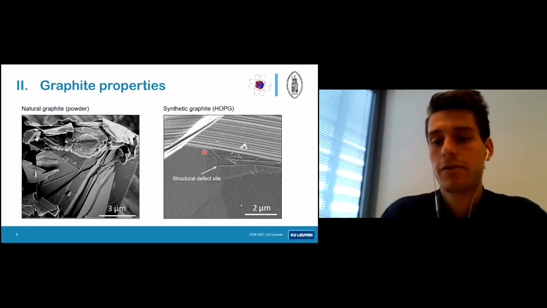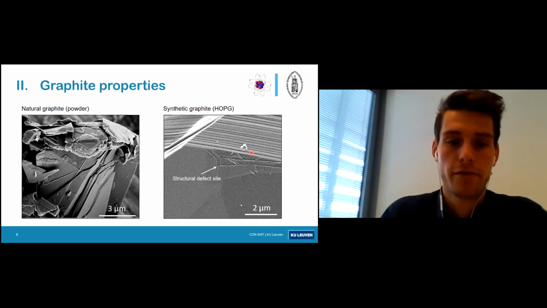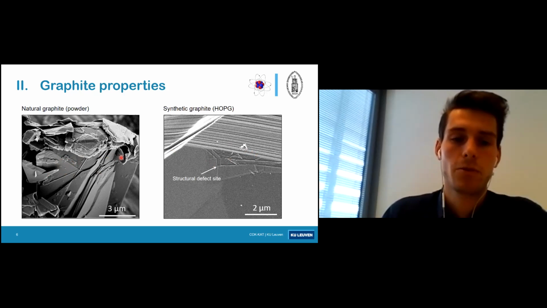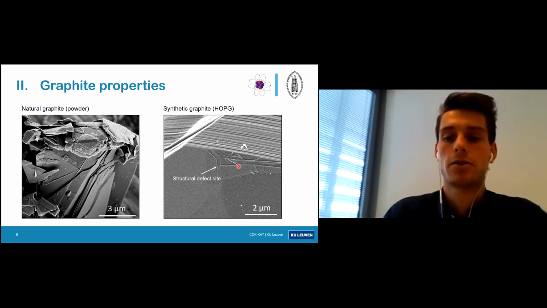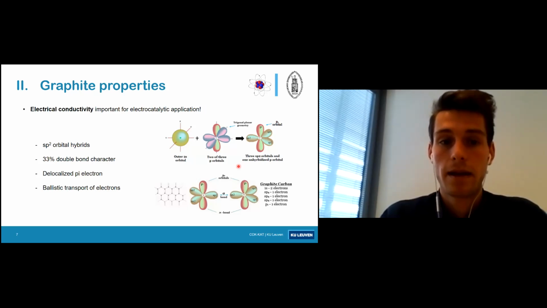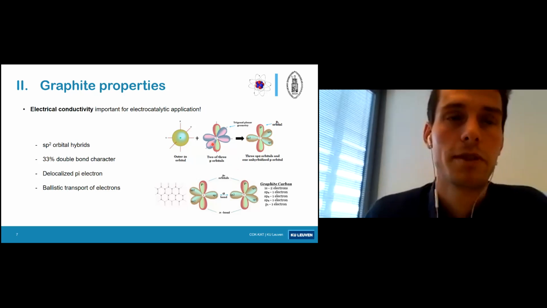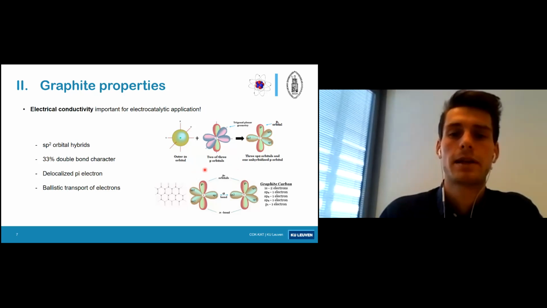This synthetic graphite form has also fewer structural defect sites, like edge planes and vacancies, which are more common in the natural graphite form, but still are only a minor part of the entire material. So electron conductivity, as I said, is a very important property in view of the end application as an electrocatalyst.